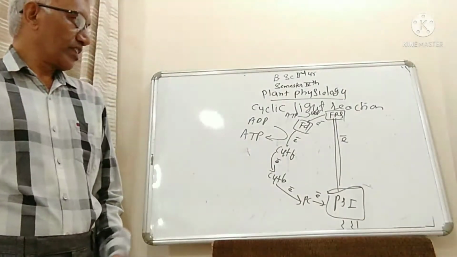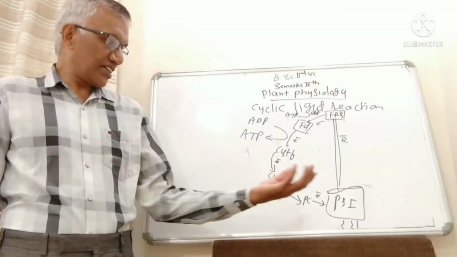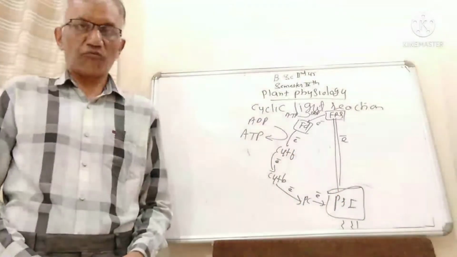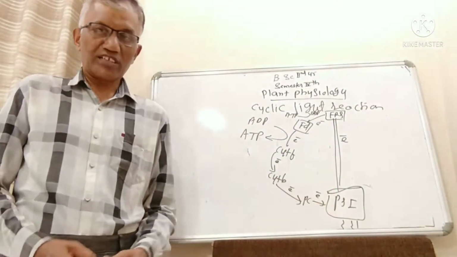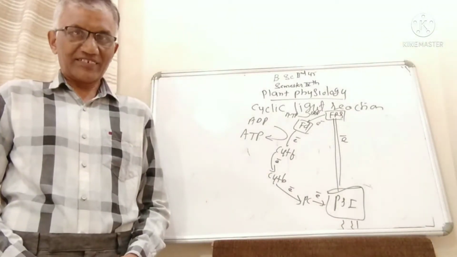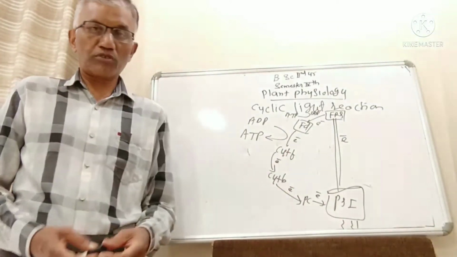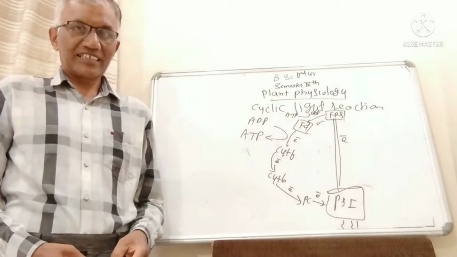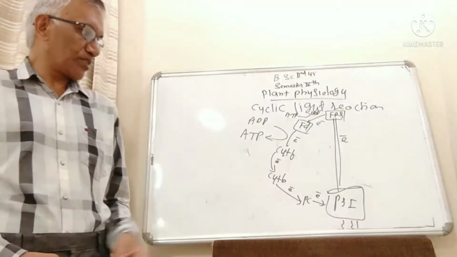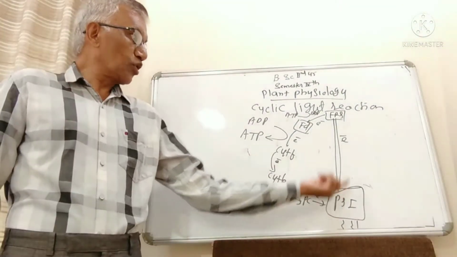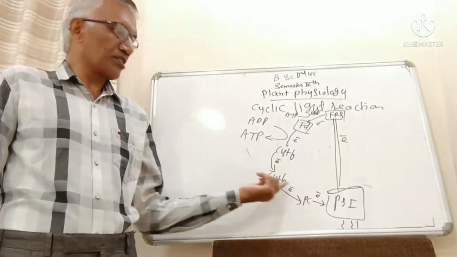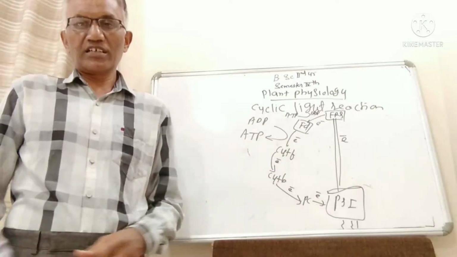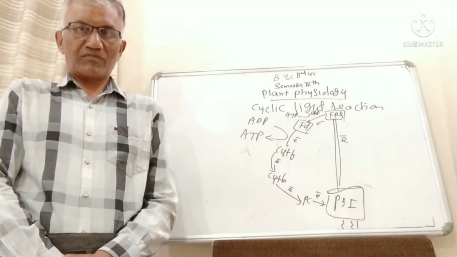So here also, as soon as a ray of light falls on pigment system 1, the chlorophyll molecule gets excited or activated. Due to the excitation of the chlorophyll molecule of pigment system 1, a number of electrons are ejected. Those ejected electrons from pigment system 1 go to different electron acceptor molecules which are present on the grana of the chloroplast.